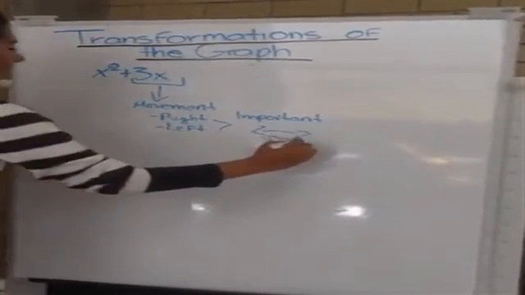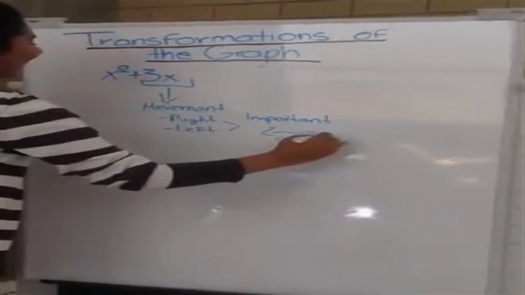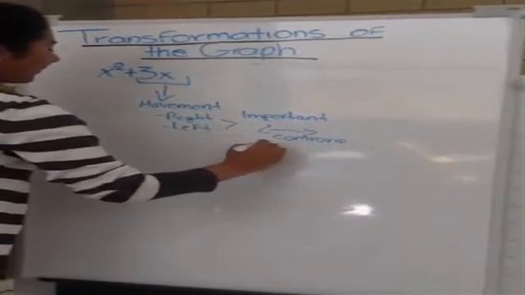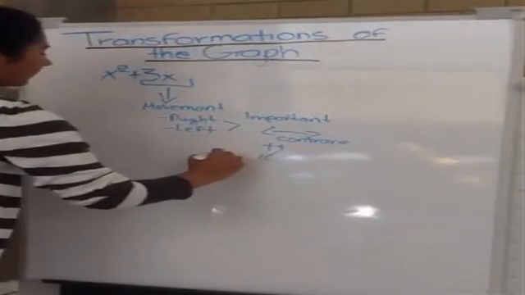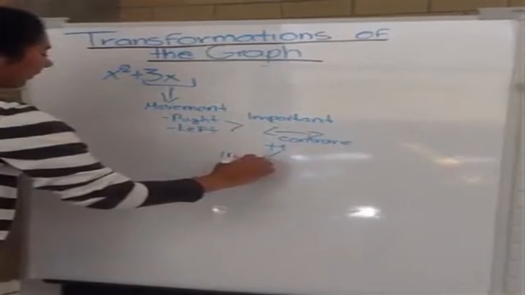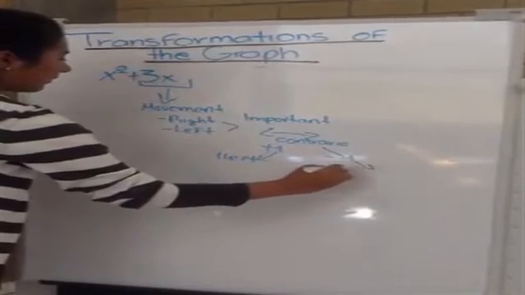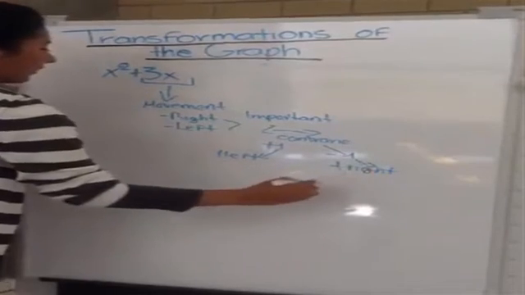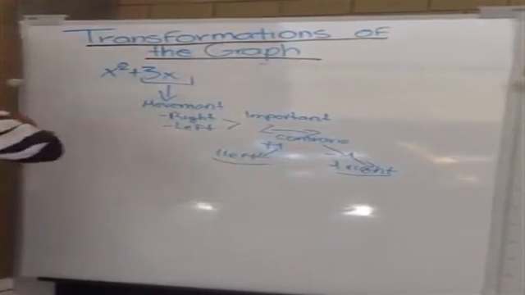When you have a plus, it means that you're going to move to the left, and when you have a minus, it means you have to move to the right. So it's the contrary of the signs. You need to be careful with this, because that could confuse you.